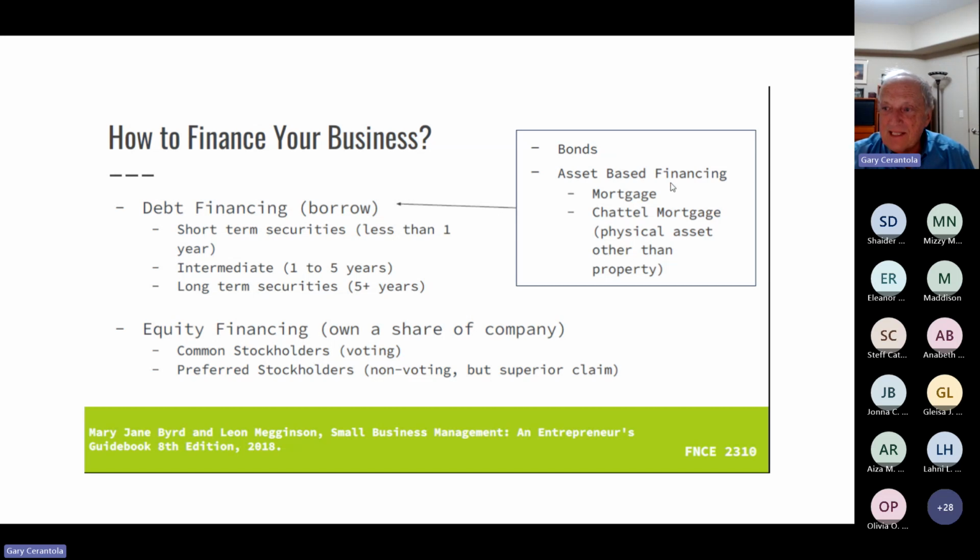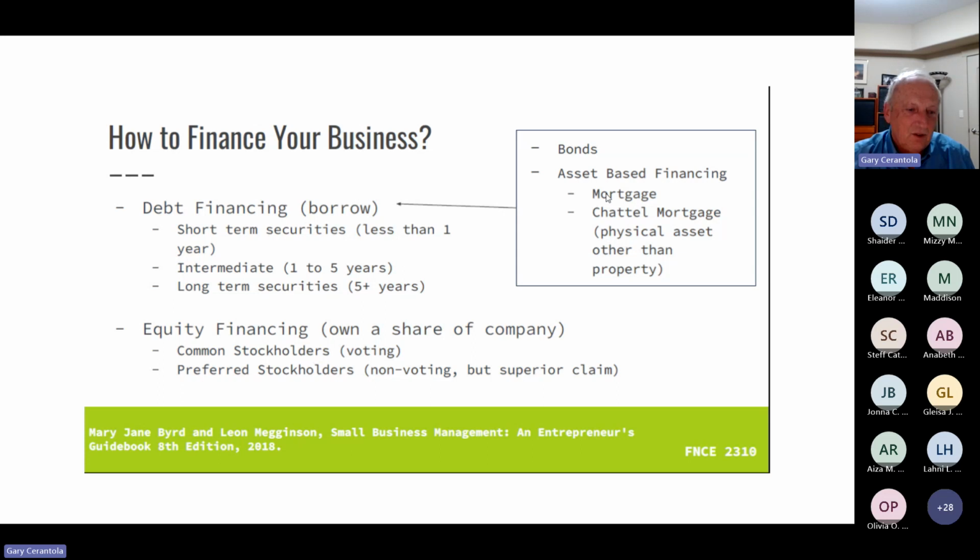And then asset-based financing, where you may take a mortgage out on a building and some equipment, all right? So the collateral is the building for your mortgage. But what a chattel mortgage is, it's a physical asset other than that.